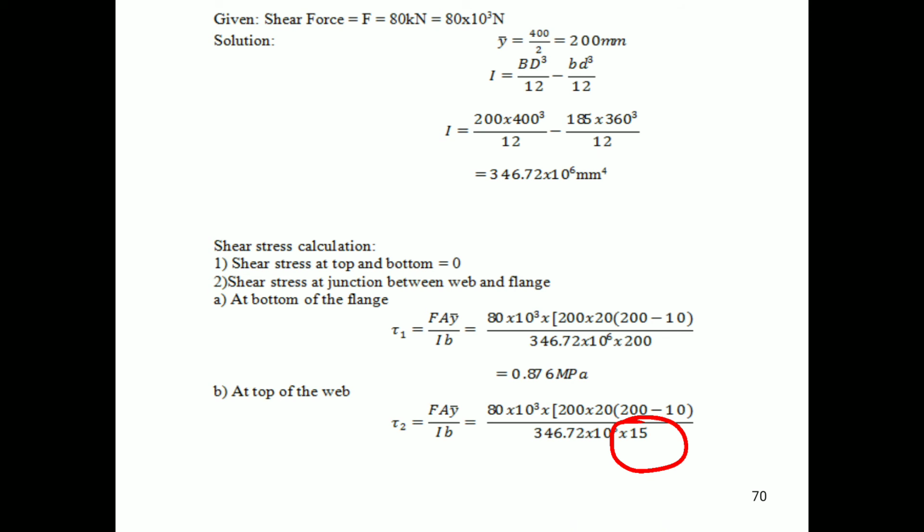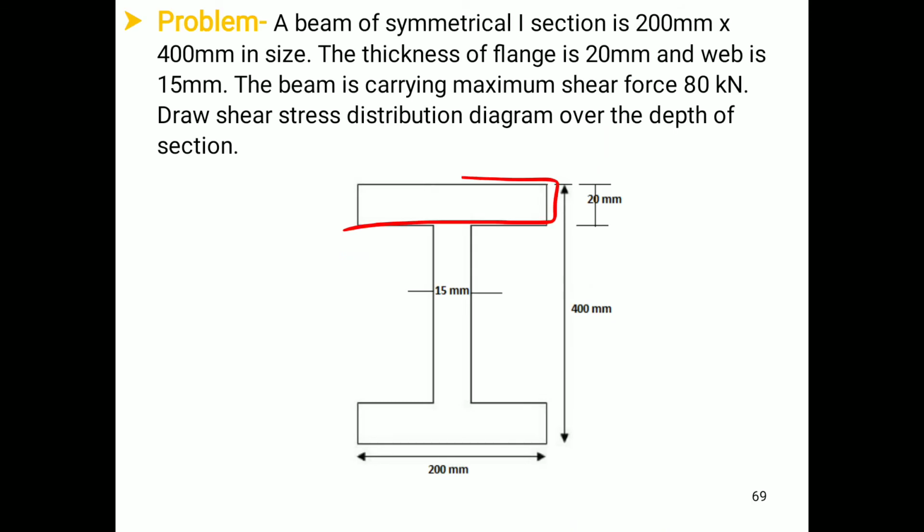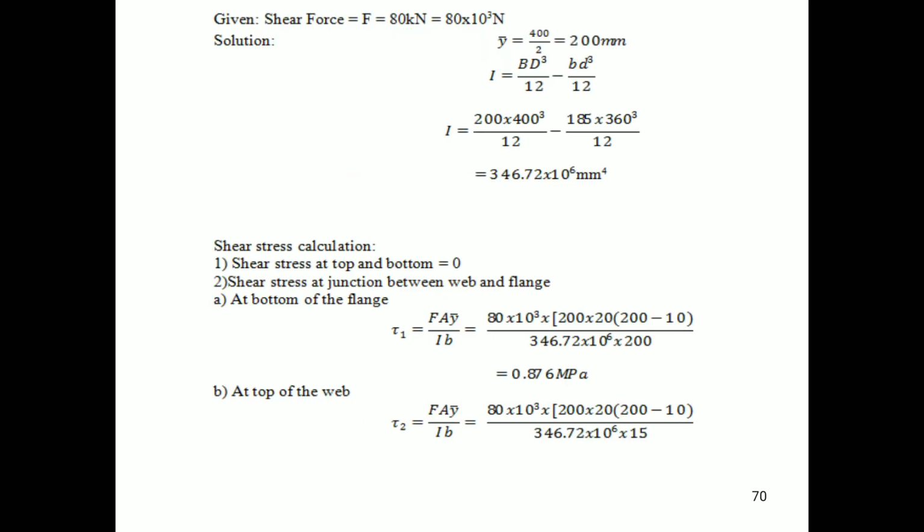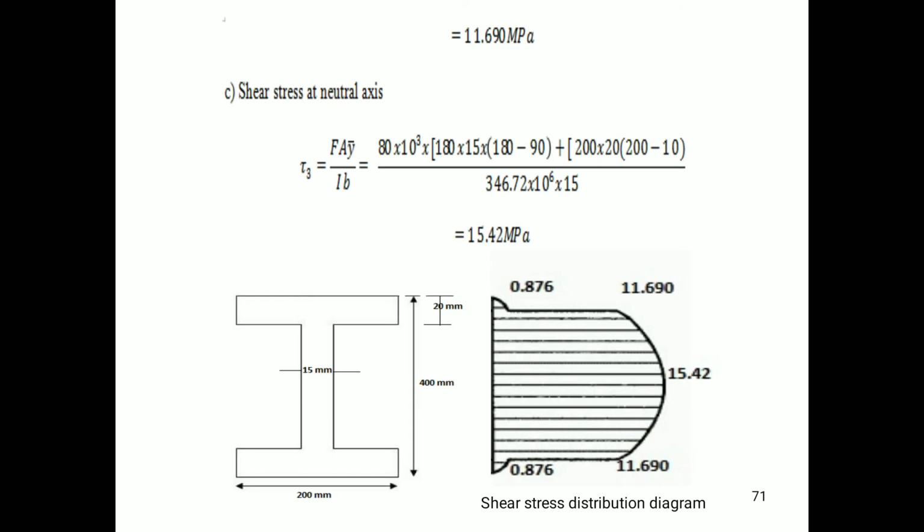Therefore we have 80 into 10 raised to 3, into the area, which is again this area, 200 into 20. Y bar will be 200 minus 10. I will remain as it is. Only the width B will change. Therefore we have the value of tau 2 equal to 11.690 MPa, megapascal. So in this way we have found the value of shear stress at the top of the web, at the junction.